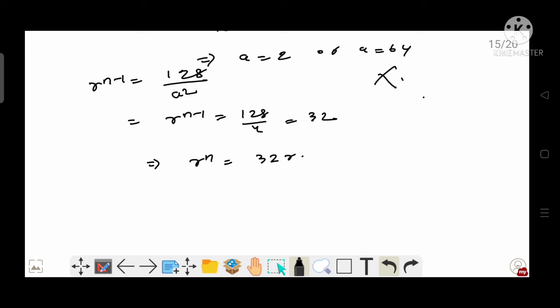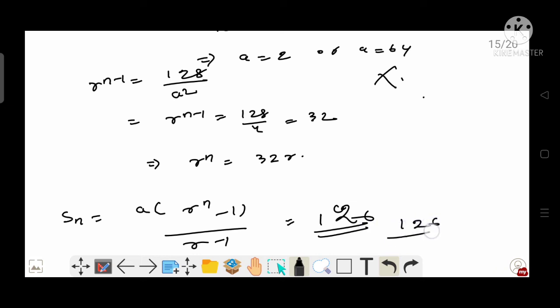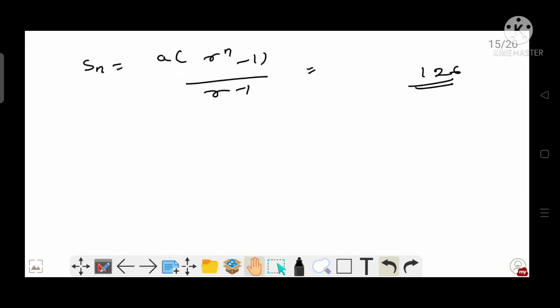Now sum of the terms is Sn equal to a into r to the power n minus 1 divided by r minus 1, which is equal to 126, given.